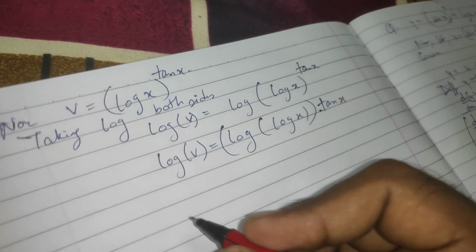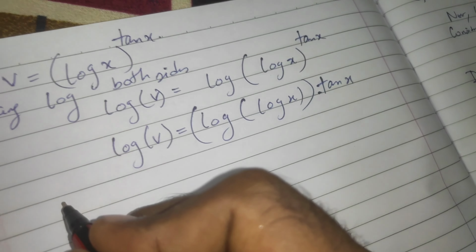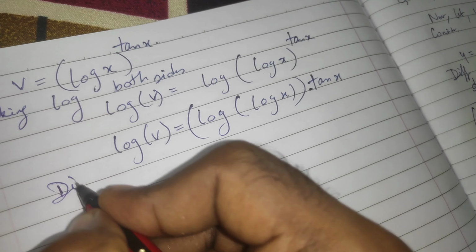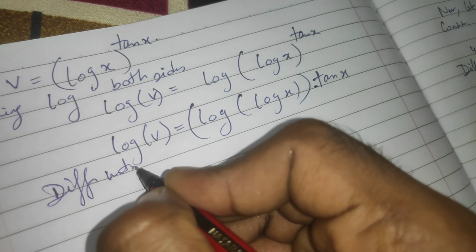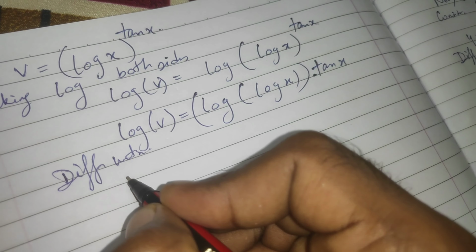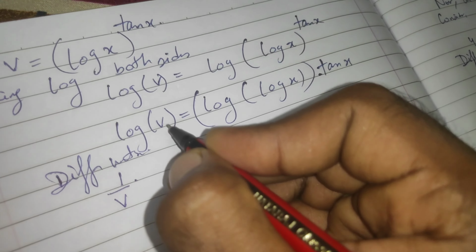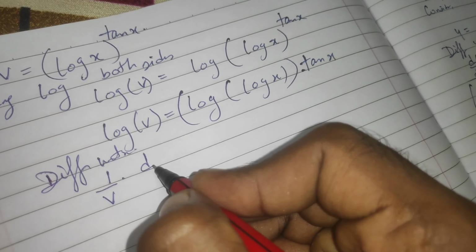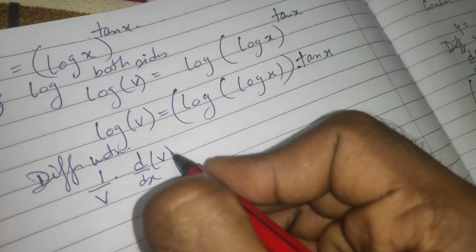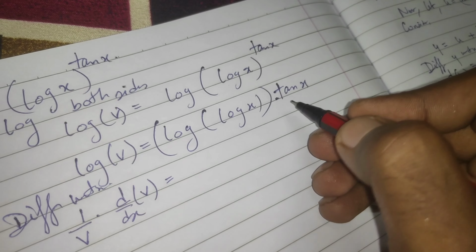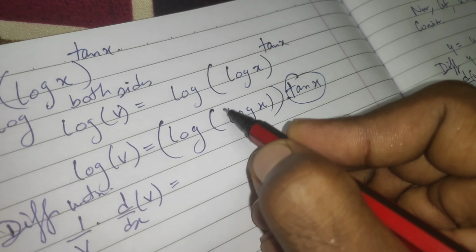Okay, now in the next step I am going to differentiate v with respect to x on both sides. So here log x gives 1 by x into the derivative of what we have considered as x, which is v. Equal to this, I have to apply the u into v rule.